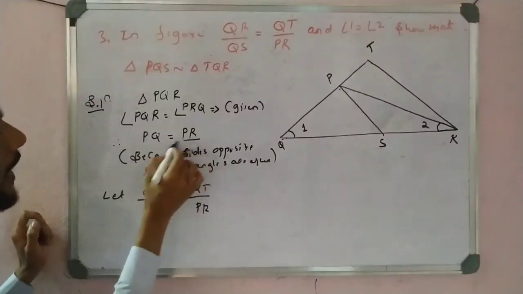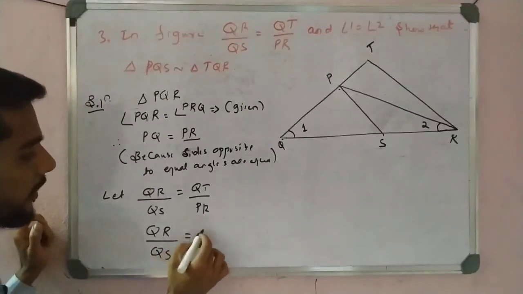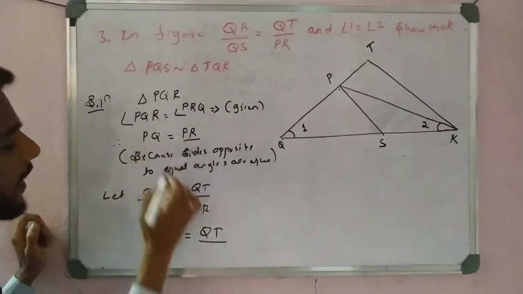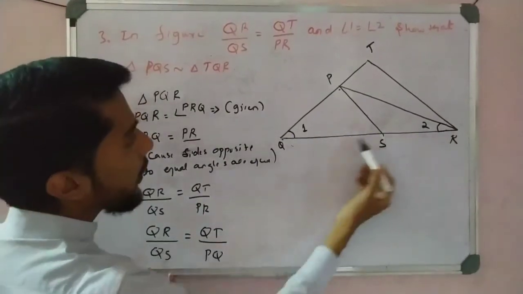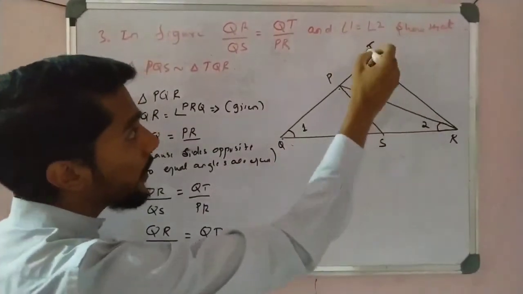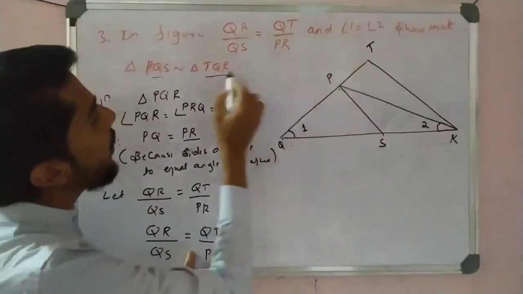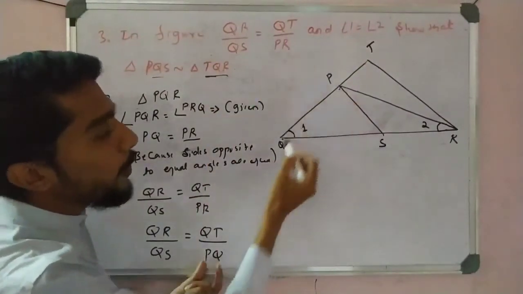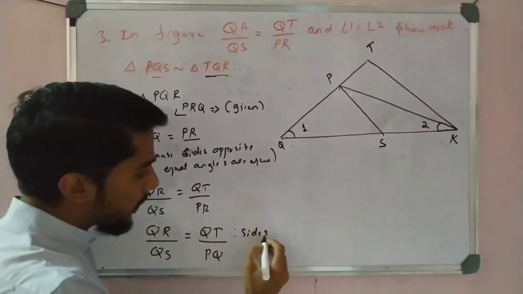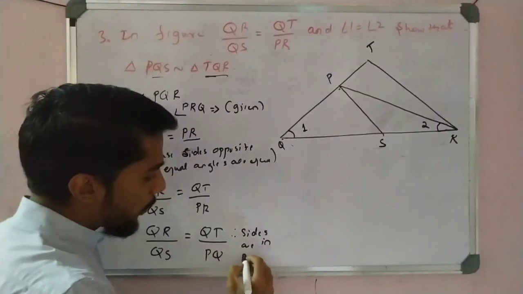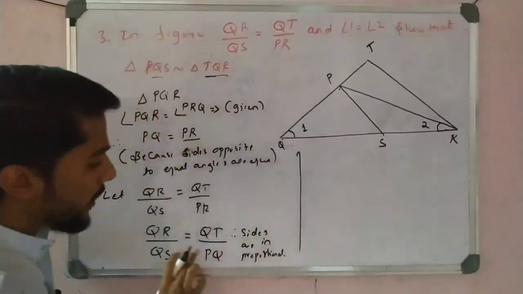In the place of PR I can write PQ, so QR by QS is equal to QT divided by PQ. So PR of this triangle and PQ of this triangle are in the same ratio with the QT of this triangle and PQ of this triangle, means the sides are proportional. Now I require two sides proportional and one angle.